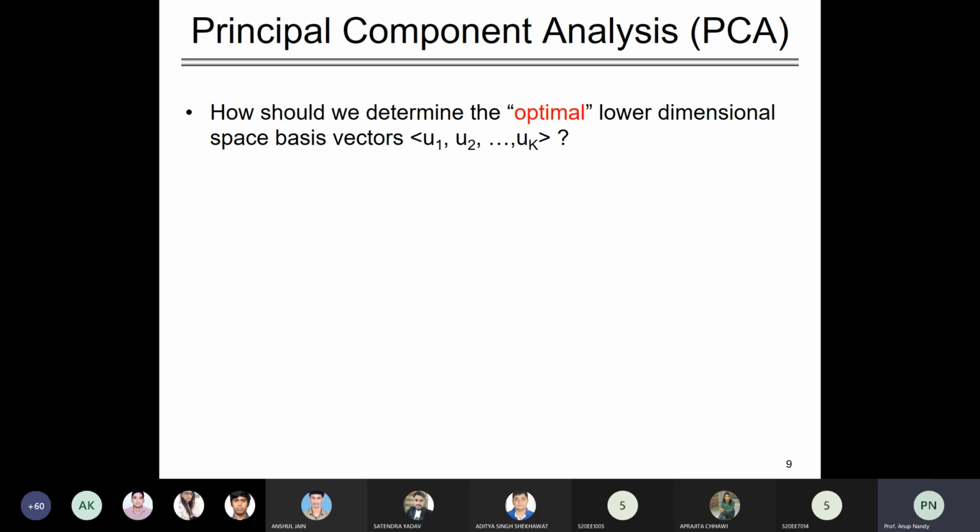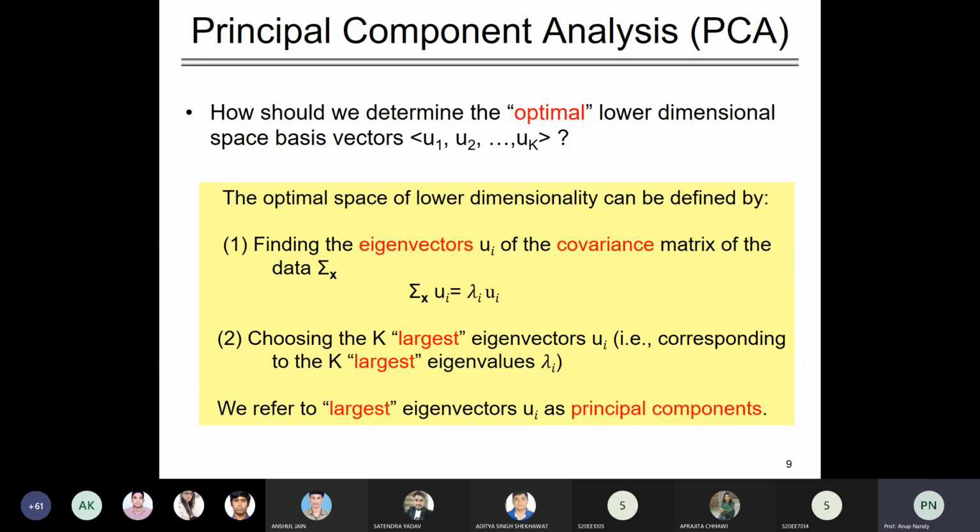Next, how should you determine the optimal lower dimensional space basis vectors? Now you need to find out u1, u2, and uk. These are the ways to find the optimal lower dimensional space basis vectors. This optimal space can be defined by finding the eigenvectors ui of the covariance matrix, that is sigma x, which is n cross n.